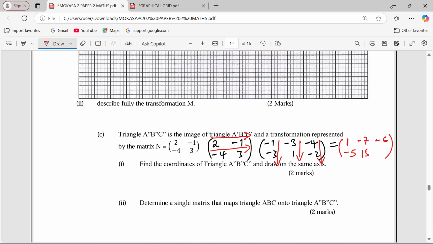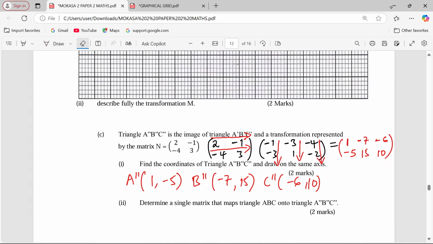Then the last one, that is -4 into -4, then plus 3 into -2. This is 10. You see now we are having the coordinates. A double prime is 1, -5. B double prime is -7, 15. C double prime is -6, 10. So those are the coordinates.